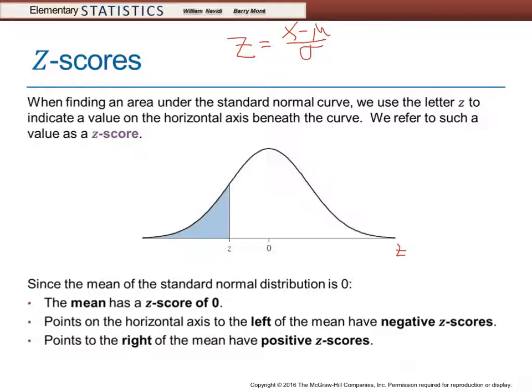Again, the mean has a z-score of 0 right at the center. That's the mean, right? So the mean is 0 standard deviations away from itself, and the mean is the same as the median. The points on the horizontal axis to the left of the mean have negative z-scores, and any point on the right-hand side has a positive z-score value.